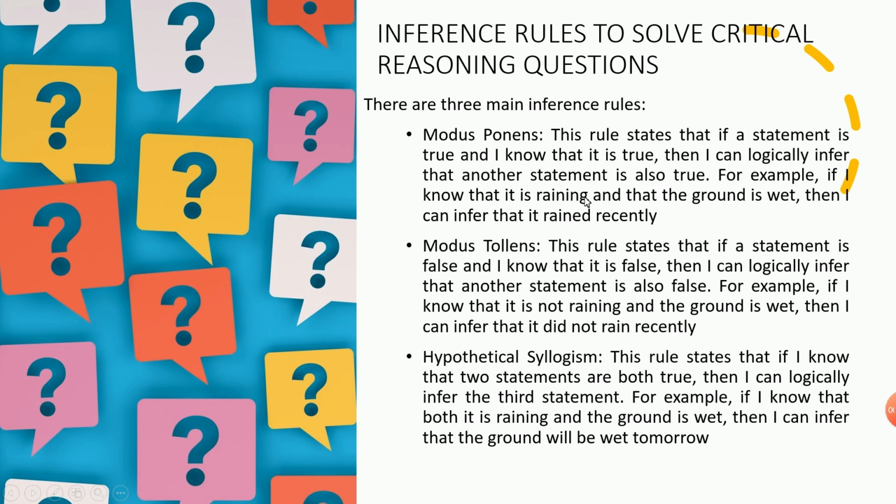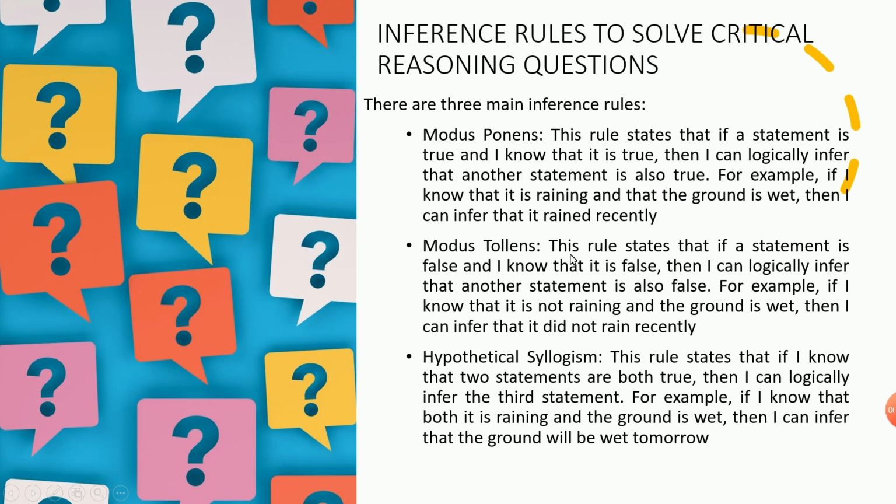So based on the first statement, I am definitively proving, assuming or concluding that the second statement is also true. So here they have given an example. If I know that it is raining and that the ground is wet, then I can infer that it rained recently. The ground is wet and a while ago it rained, so since the ground is wet, I can assume that the rain has happened very recently only.